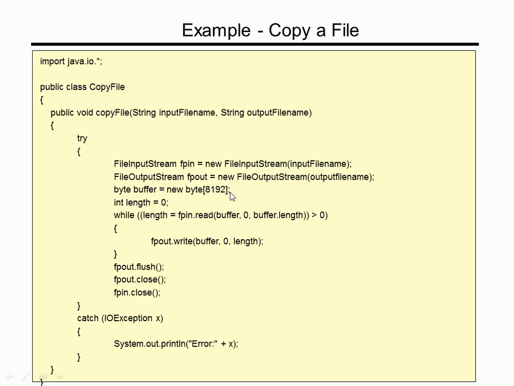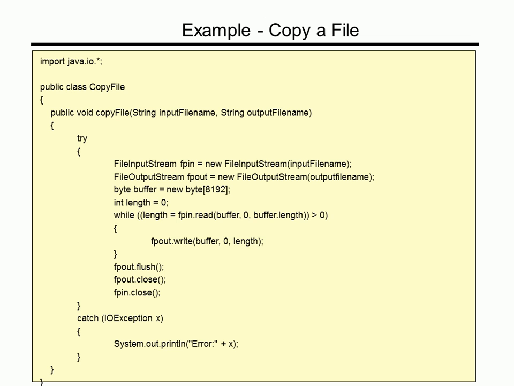Then you have byte buffer is equal to new byte of this. So you are creating a buffer of the data that you want to write. So you are just allocating some buffer. Then just create an integer to know whether there's data in there. Then we check while length is equal to file input stream dot read. The read method is associated with all the input streams.